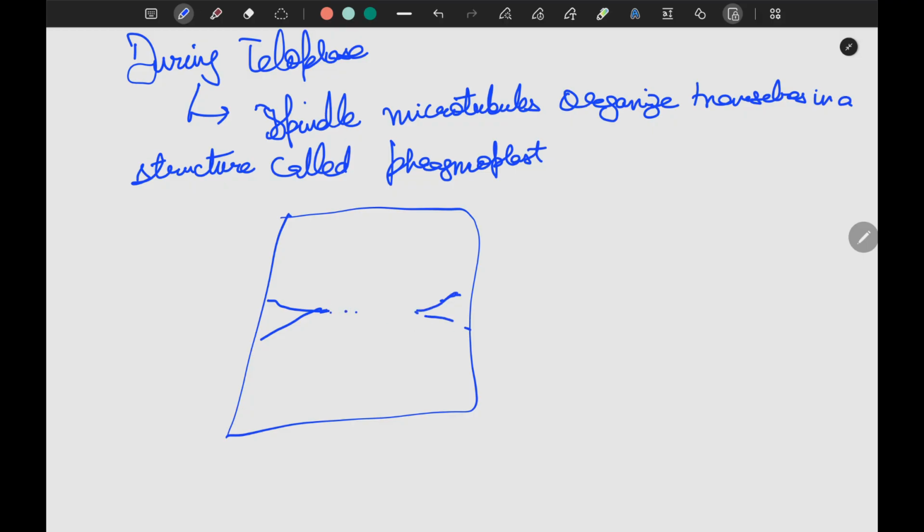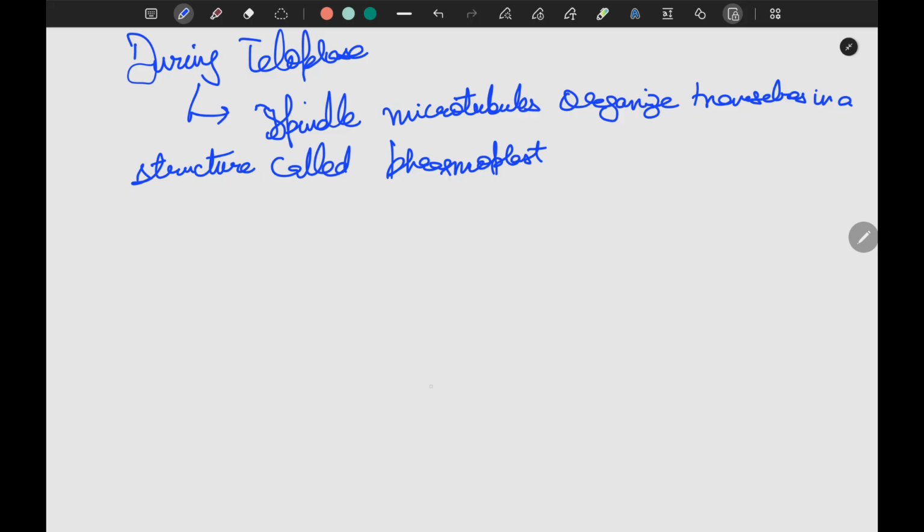This type of structure is phragmoplast. Just for explaining, I'll tell you more detail when we study about the cell cycle, or the proper cell.